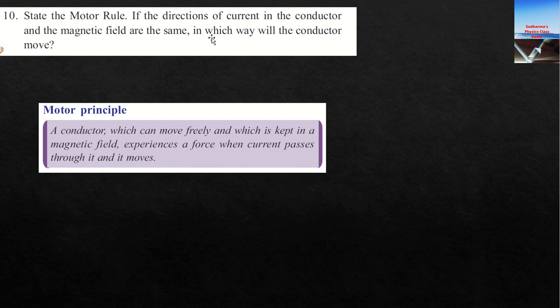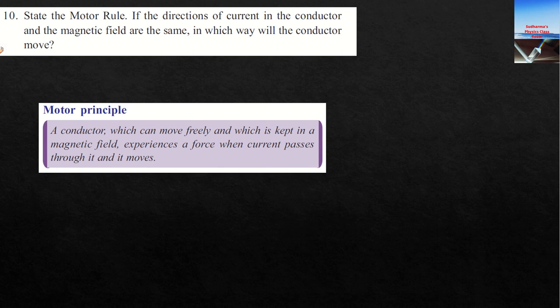Now, what is the next question here? In which way will the conductor move? What is the situation if the direction of the current in the conductor and the magnetic field are the same? In which way will the conductor move? So how do we find out the direction of motion of the conductor? By using Fleming's left hand rule.